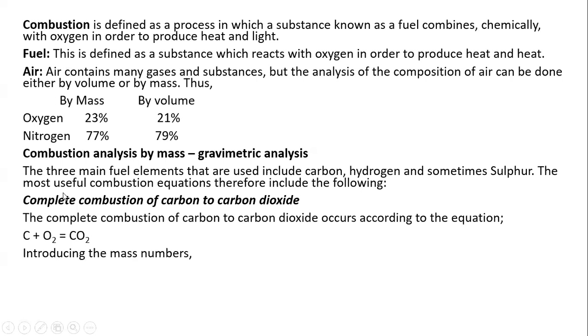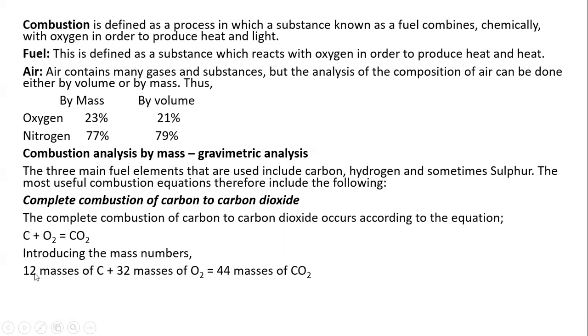Looking back, if I now introduce the atomic mass numbers, what I'm going to have is this, because the atomic mass number for carbon is 12, for oxygen is 16. Now, because I have 2 atoms of oxygen, I multiply that by 2, that's 32.